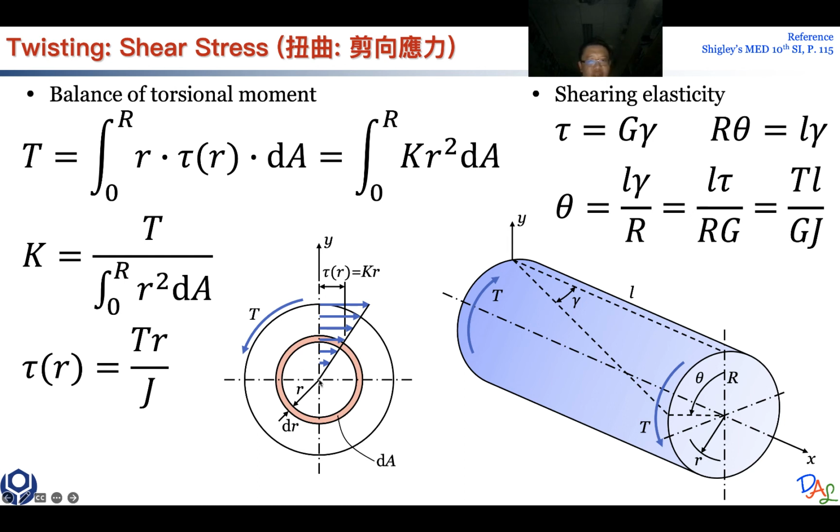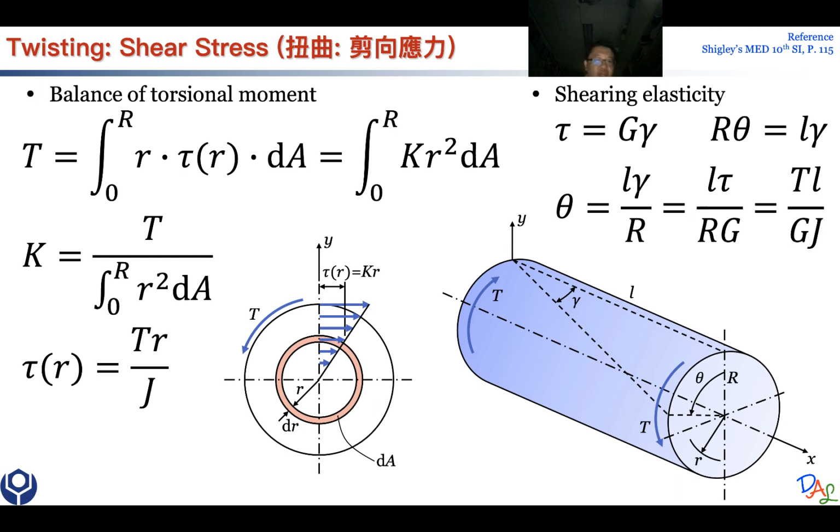If it's located at r equals 0, there's no stress. If it's at the maximum, at the capital R, it will have maximum stress. And down here we have J. J is a geometrical parameter.